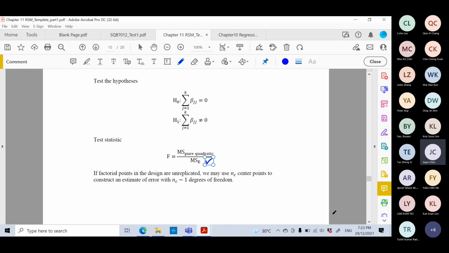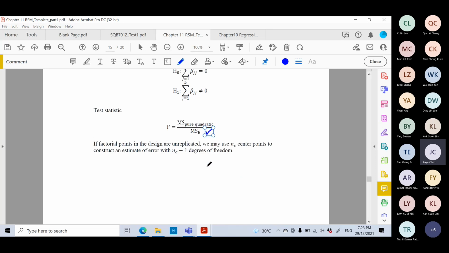So if you want to estimate the MSE, because you have run the nC center points, the MSE is equal to the sum of squares for the error divided by nC minus 1.